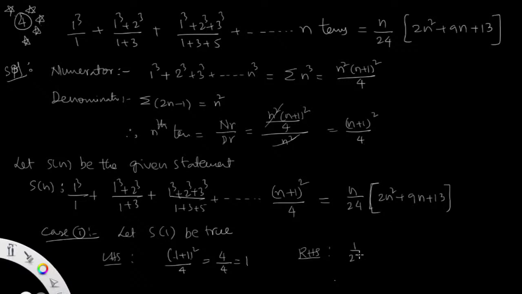In RHS, 1 by 24 into 2 plus 9 plus 13, which is 24 by 24, also 1. Therefore LHS equals RHS, so S of 1 is true. Both sides have the answer 1.